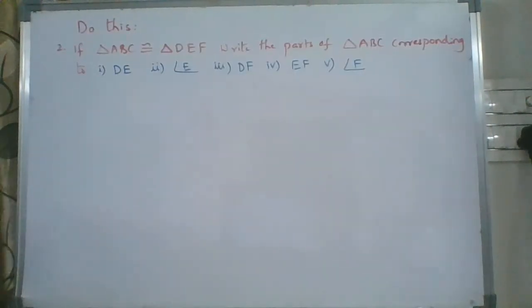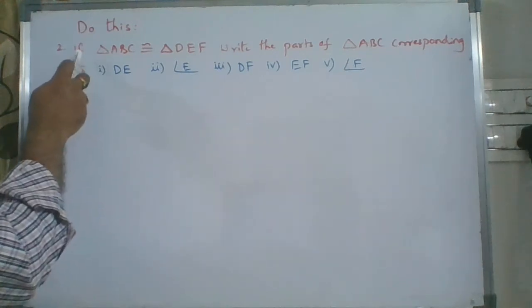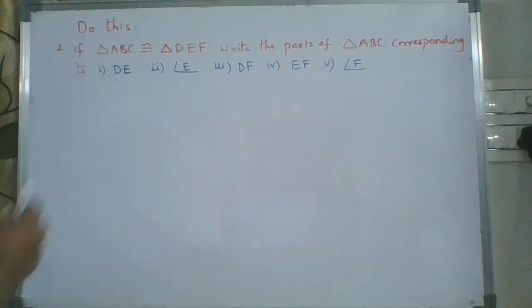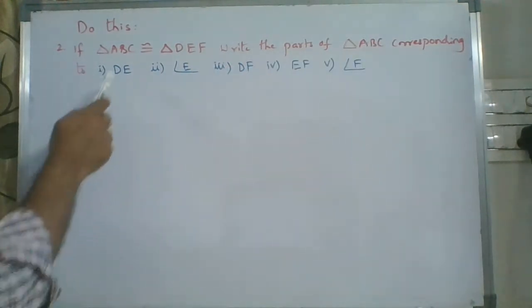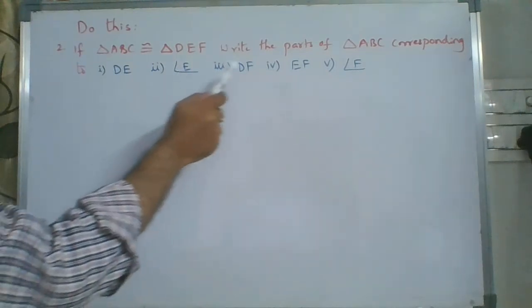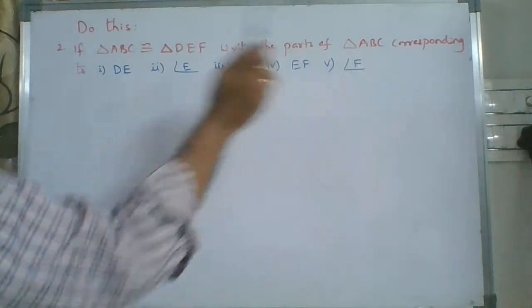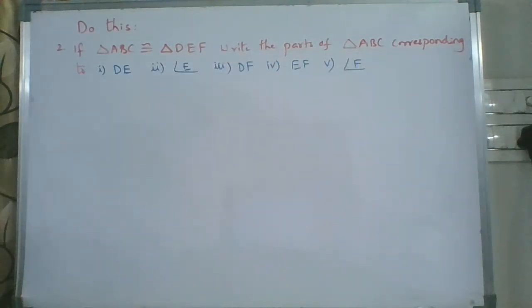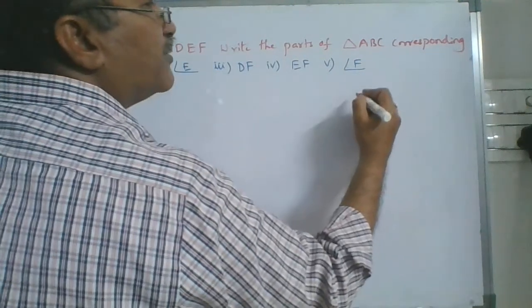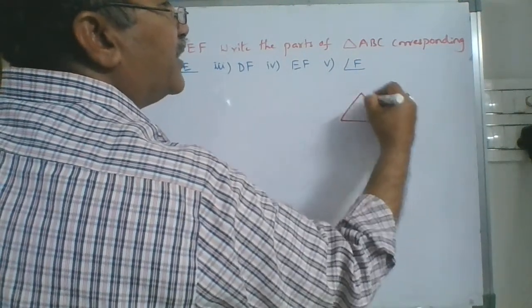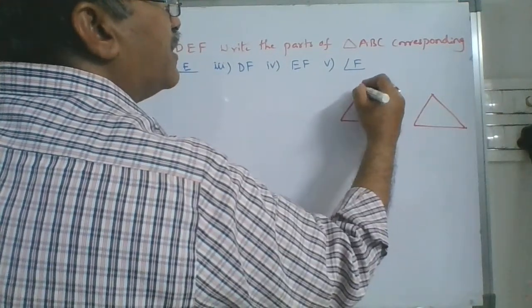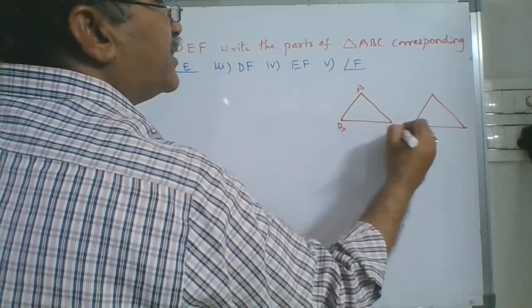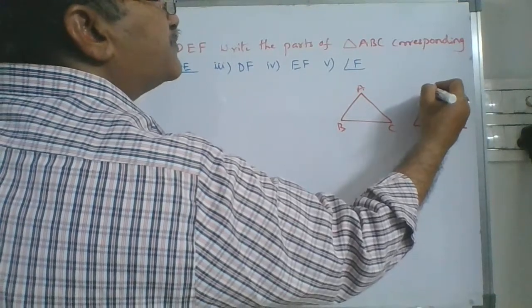Now the second problem: if triangle ABC is congruent to triangle DEF, write the parts of triangle ABC corresponding to DE, angle E, DF, EF and angle F. So we need to draw a rough figure for triangle ABC and triangle DEF, so that we can compare them and write the corresponding parts.